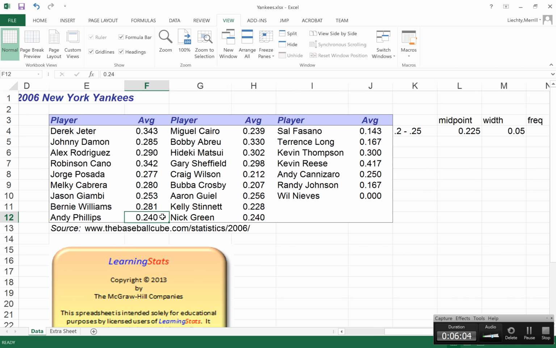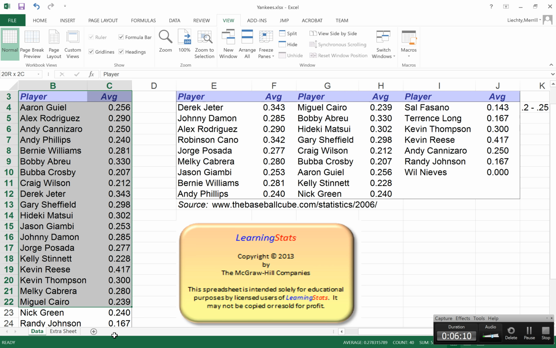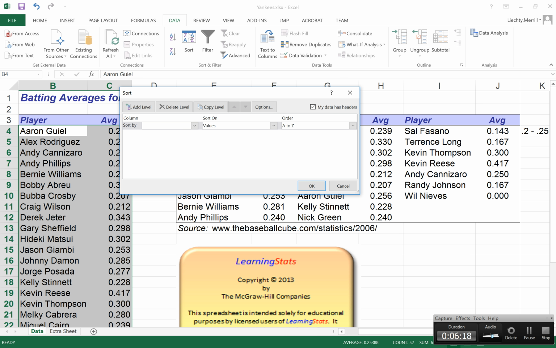Okay, so I'm going to sort these things over here so that I get them in order, so this is easier to deal with. I'm going to say sort. Data, sort by average, and I'll do smallest to largest.